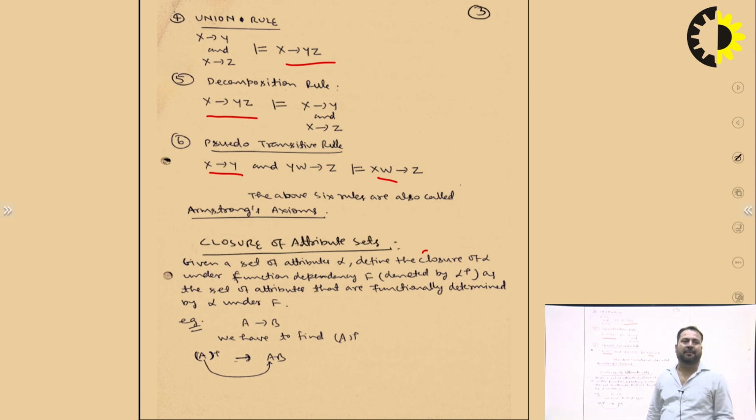So the above 6 rules are also called Armstrong axioms. Okay. So what is functional dependency?